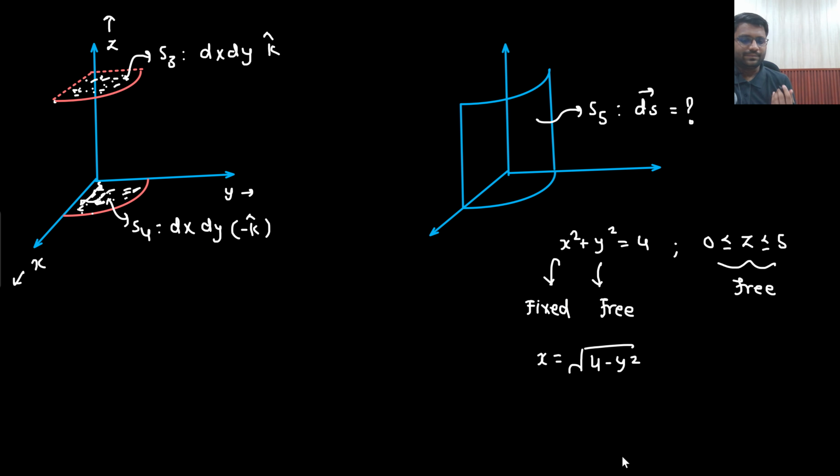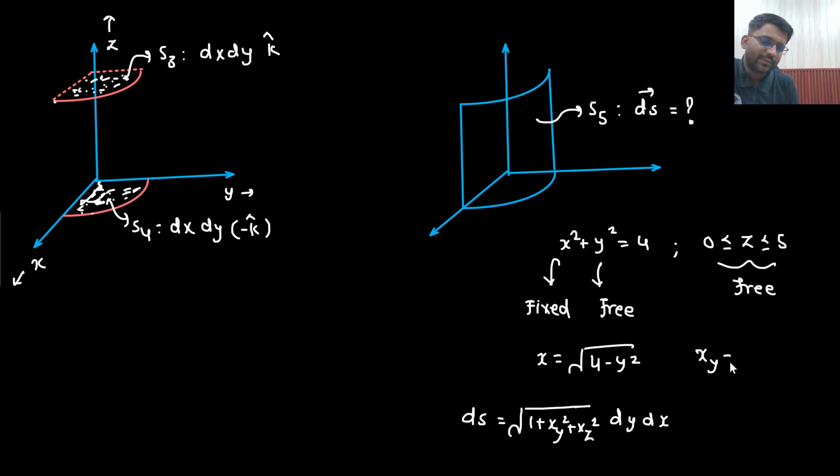Okay then. So what will be your ds? Sir, y is free and z is free, so ds is dy dz under root 1 plus x_y square plus x_z square.